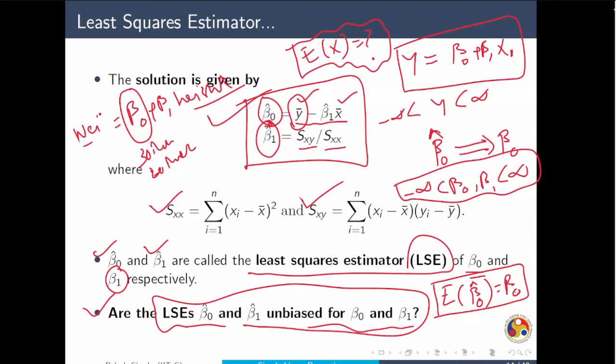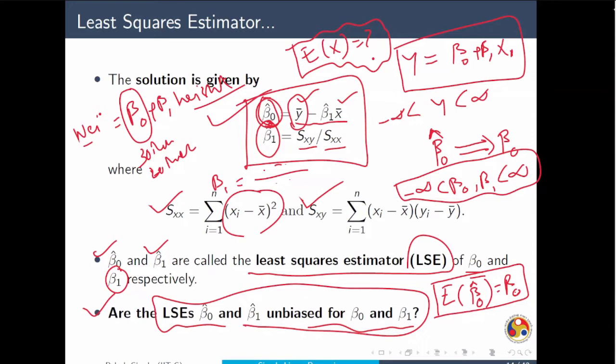So beta naught hat are the values. If we differentiate with respect to some variable, we get the value of that variable. Let me explain. You will get some expression for beta naught, or say for beta. When you put all the values into it, you will get a value, and that is called the estimate.